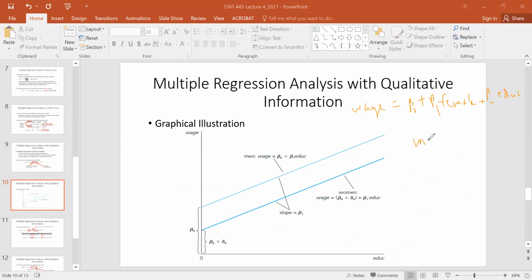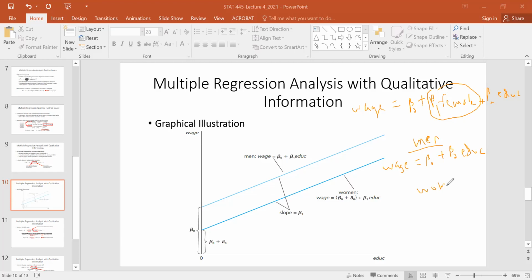Let's write the equation for men. Wage is equal to beta 0 plus beta 2 education. I didn't write anything like this there because for men, this female variable is equal to 0. So this drops off.